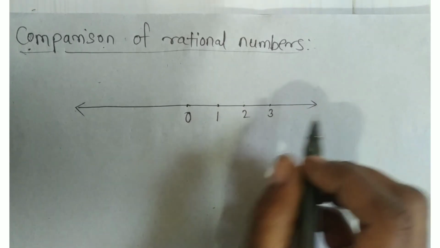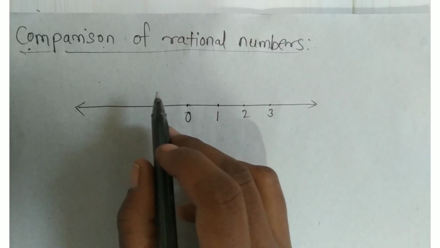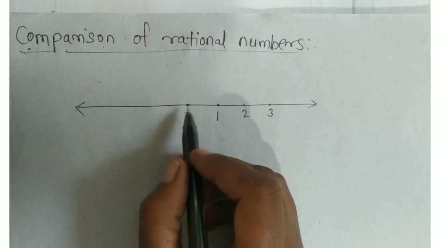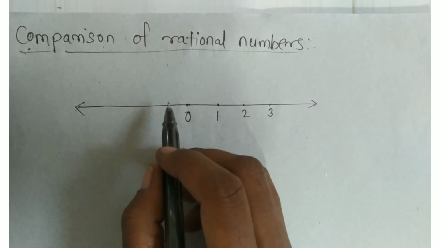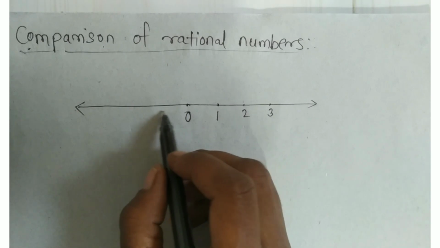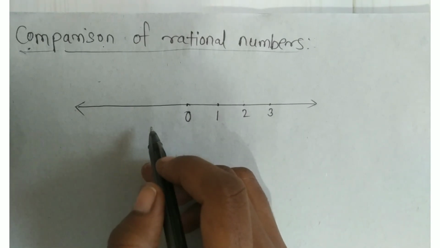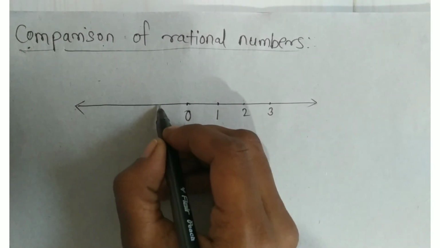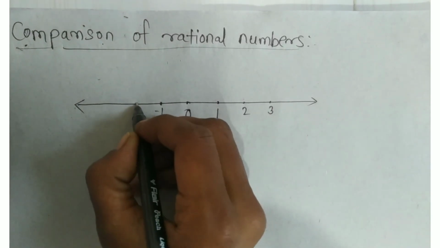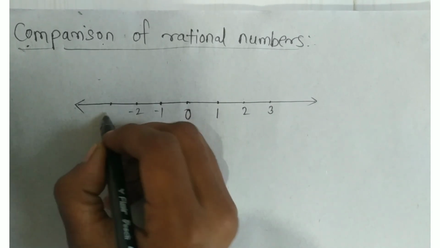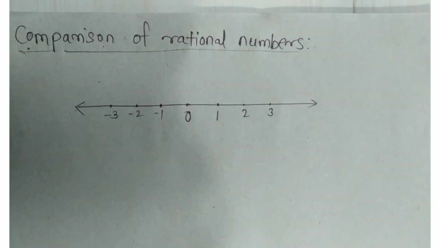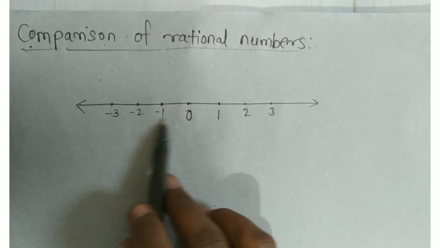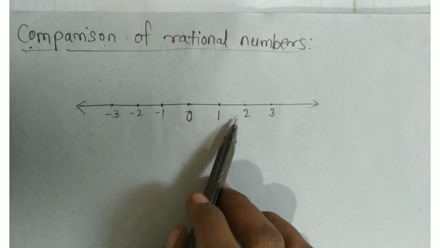Similarly, on the left side of 0, we will locate negative numbers at the same fixed distance, such as -1, -2, -3 and so on. Now, this is a number line.